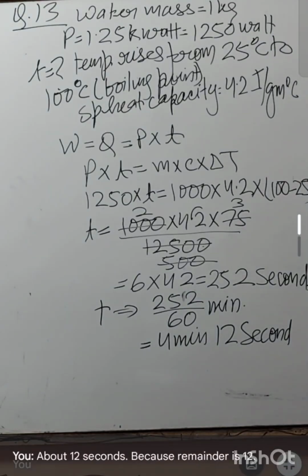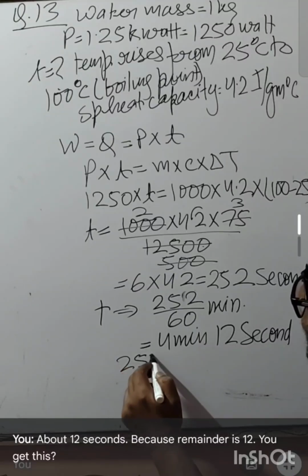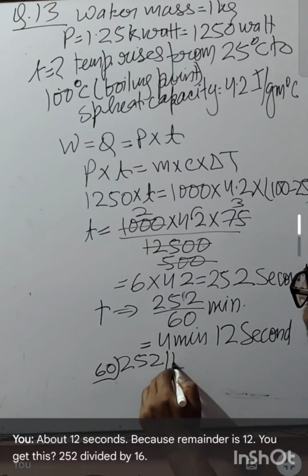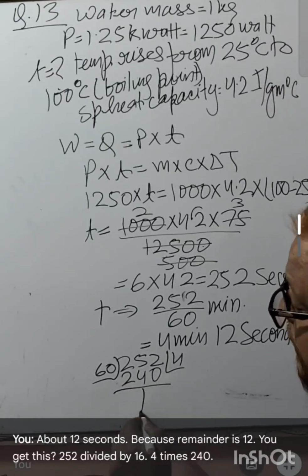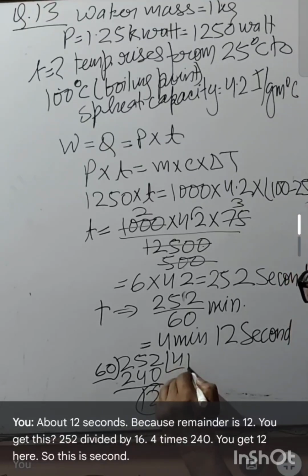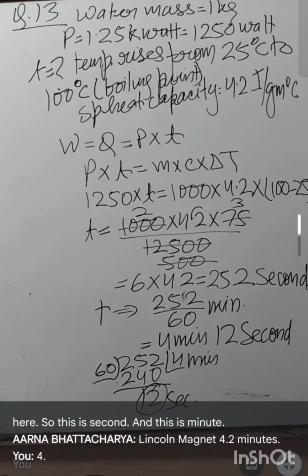You get this? 252 divided by 60, 4 times is 240. You get 12 here. So this is seconds and this is minutes. Well, you can write it 4.2 minutes, 4 minutes 12 seconds.